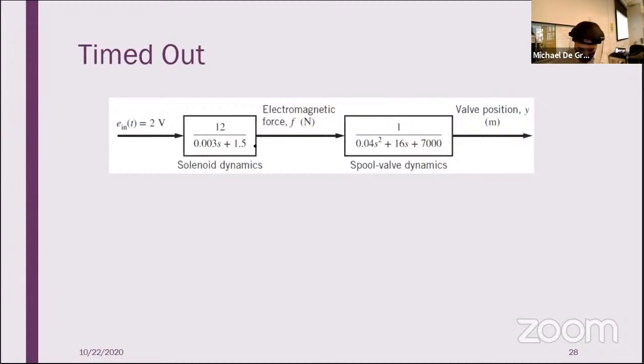Well, let's rewrite it as our time domain transfer function. When I want the DC gain of this transfer function, how do I find it? What did I say on the last slide? What do we do for DC gain?